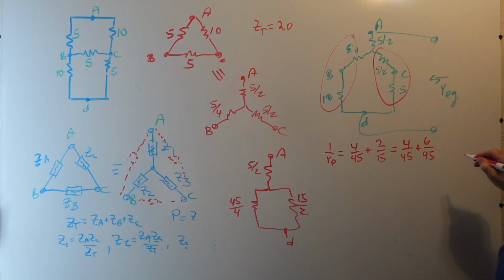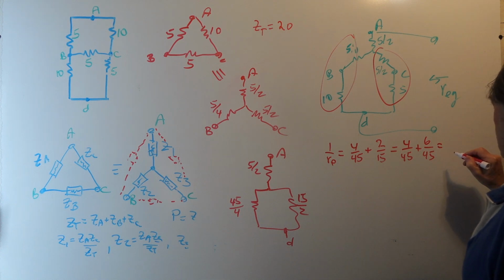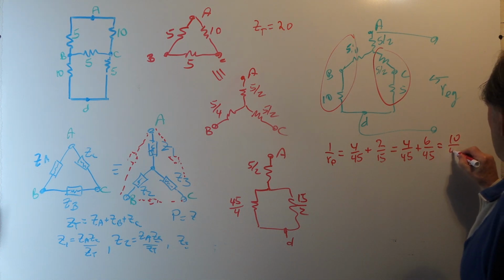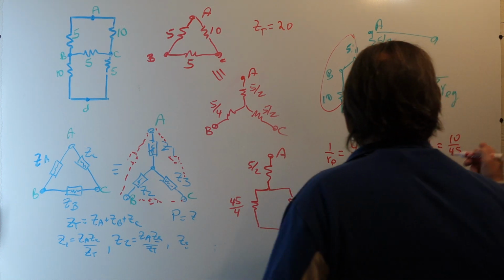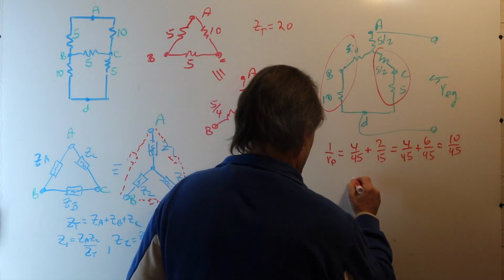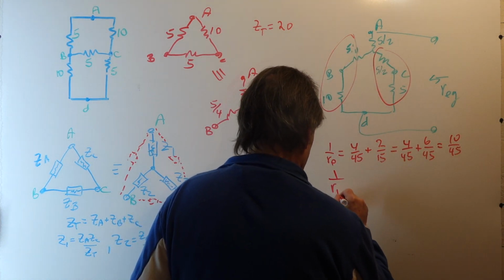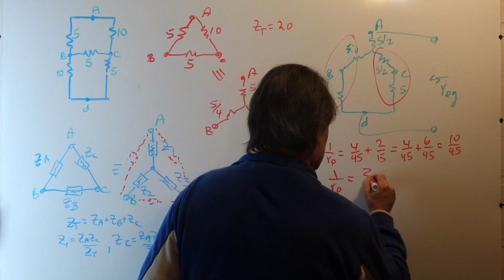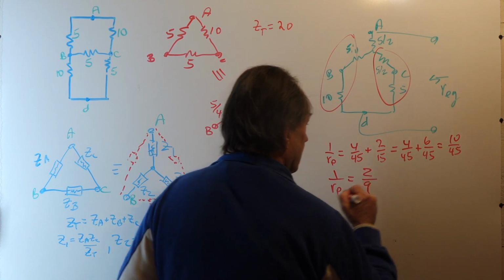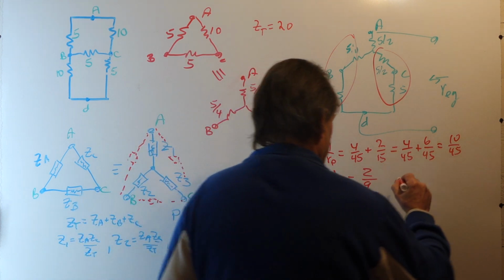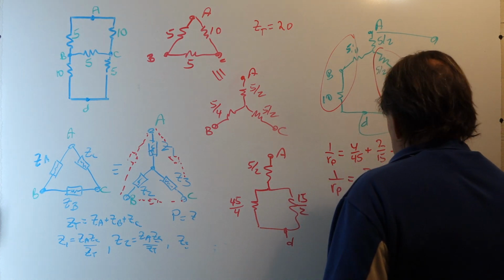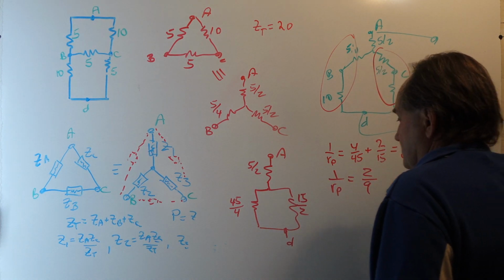That gives us, summed over a common denominator, 10/45. Numerator and denominator both have a common factor of 5, so this becomes 2/9. So RP then is the reciprocal, or 9/2.